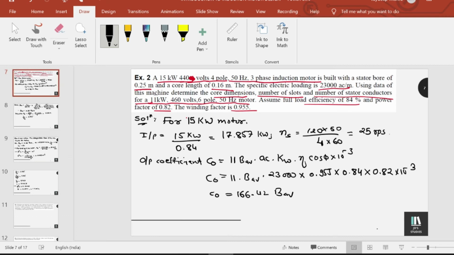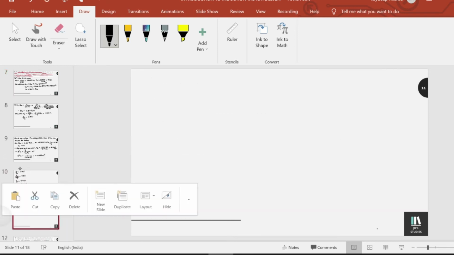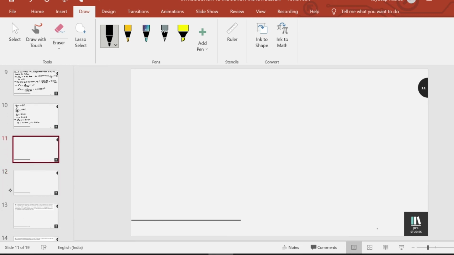Core dimensions we get. Now we have to find the number of slots and number of stator conductors. First, the number of slots.